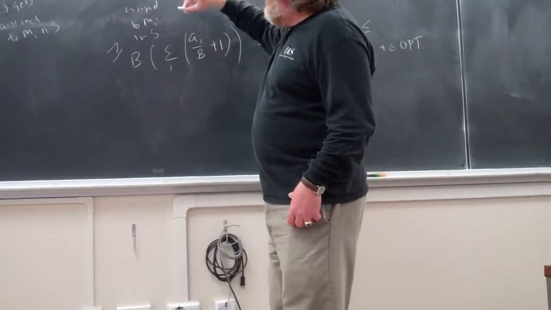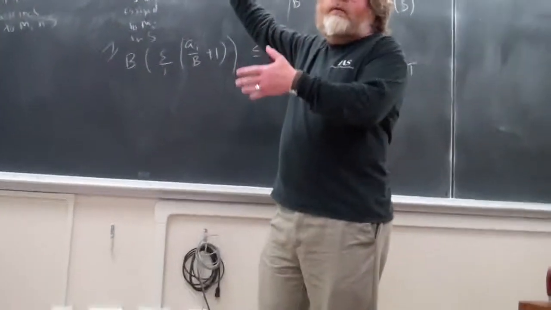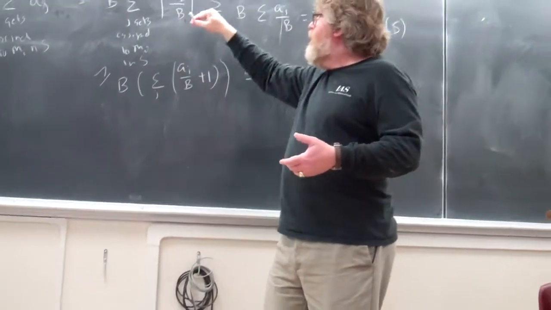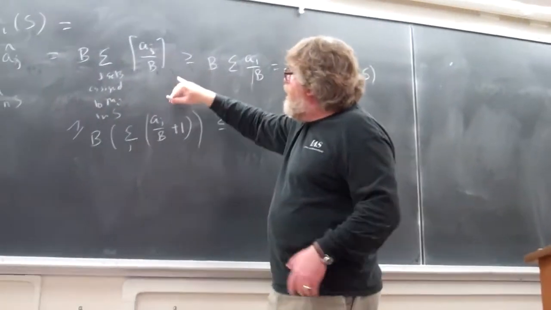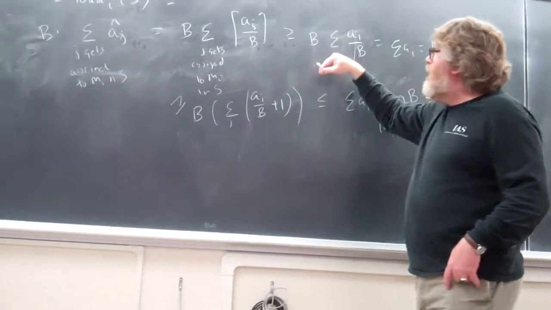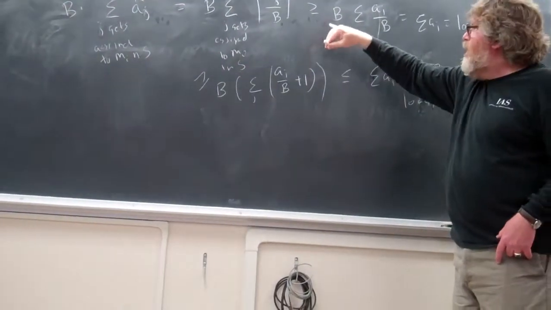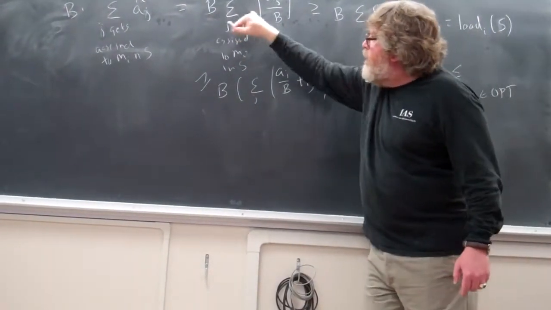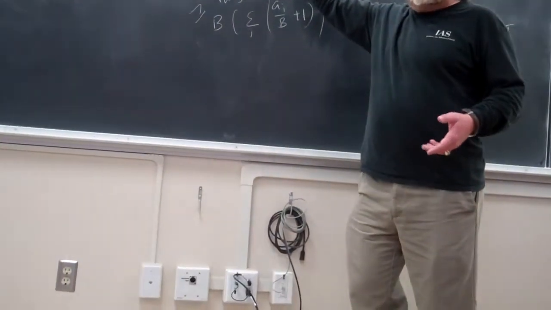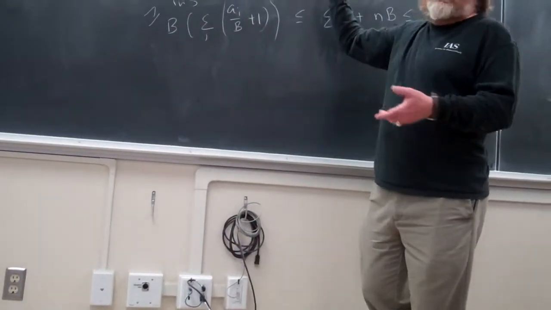Well, the modified weights were just dividing by B, but then rounding up to the nearest integer. So I'm saying on the one hand, this rounding up only makes things bigger, so if we just cancel the B's and sum up the original weights, we get something smaller.